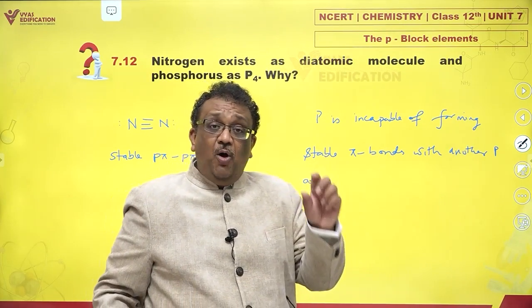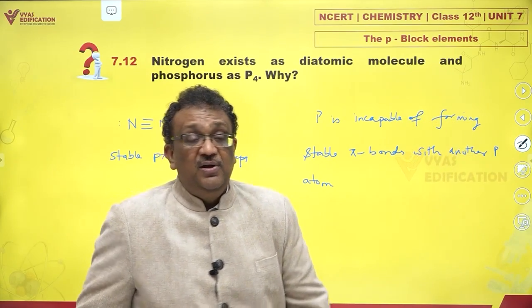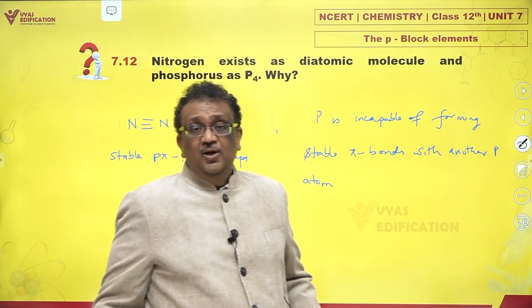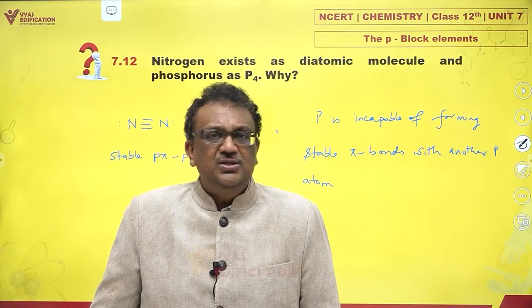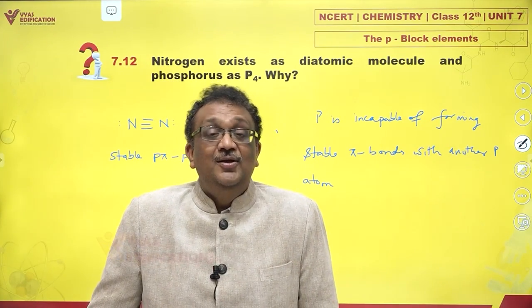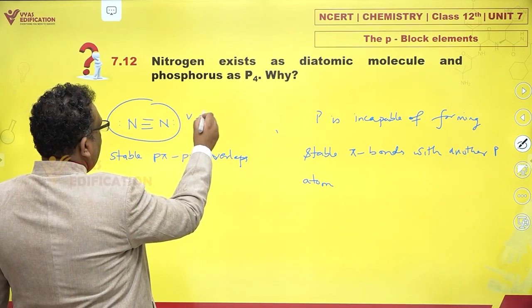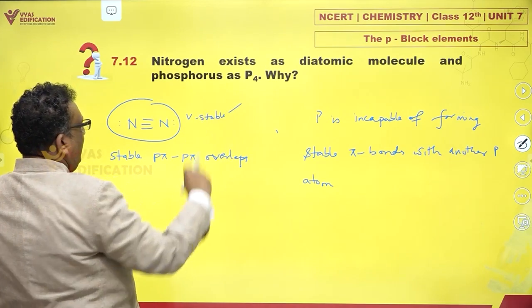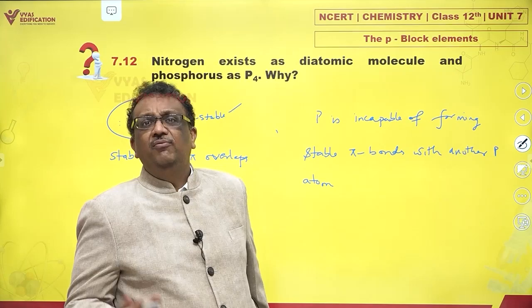If the other atom is small, like nitrogen or oxygen, there is still a chance. But if the other atom is also phosphorus, now N triple bond N is very stable. P triple bond P is not stable at all. So because N triple bond N is very stable, it can be formed. Because P triple bond P is not very stable, it is not formed.